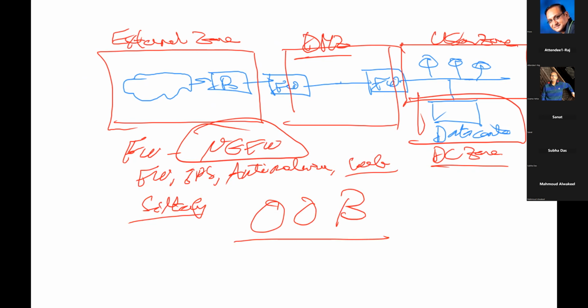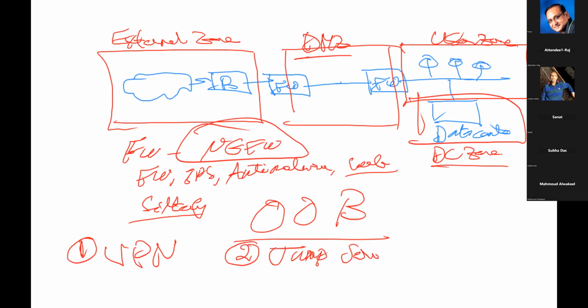And we said that the administration or management network will be a separate physical network with its own physical connections and a dedicated switch. Here we will have another definition for management, which is to use a VPN, which is a secure solution, or to use something called a jump server.